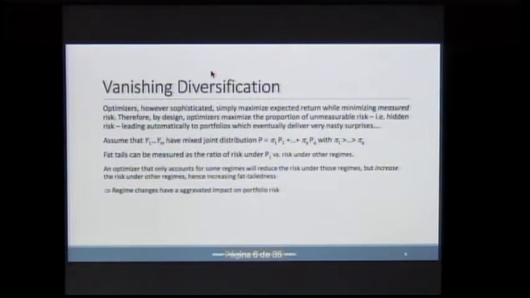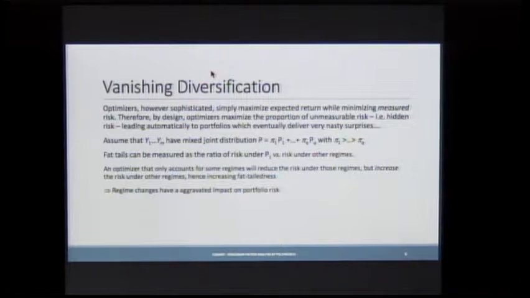And I can show it again mathematically. It's not that, like in real life, math doesn't work. No, on the contrary. It's a mathematical fact. Suppose that you have a certain number of assets, Y1, ..., Ym, and that the distribution of those assets is a mix of different distributions.